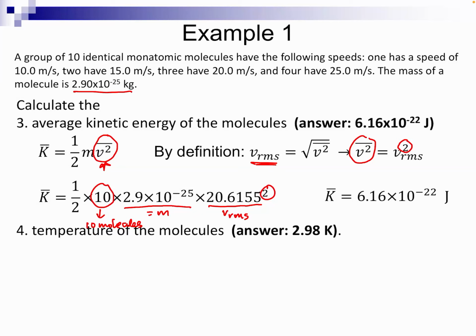So next, we want to find the temperature of the molecules. What we know so far is the RMS speed and the kinetic energy. We know that the temperature is related to the speed v squared average, and also related to the kinetic energy via the kinetic theory of gases.